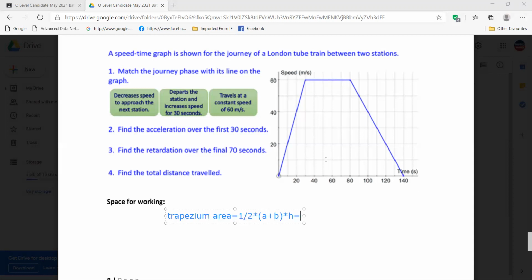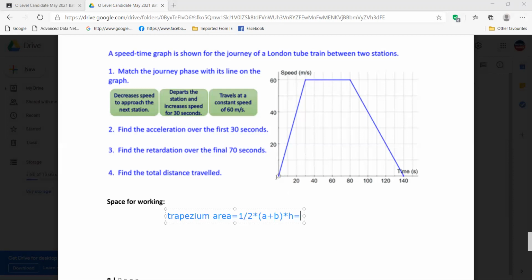Okay, now A and B are the two sides which are parallel, right? This and this. One is A, another one is B. And the height is the distance between these two parallel sides. So the height is clearly we got 60, right? Height is 60 and A, B we have to find.